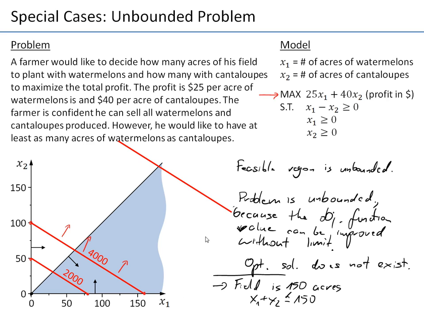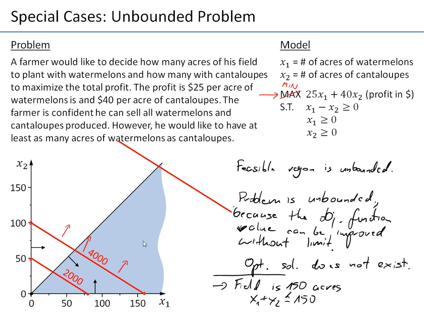Second note is that you might think that when we have an unbounded feasible region, it will always mean an unbounded problem. It is not always the case. For example, consider what would happen if the objective was not maximization but minimization, right? It doesn't make sense in the case of profit, but imagine that it is not profit but something else, and we're minimizing it.